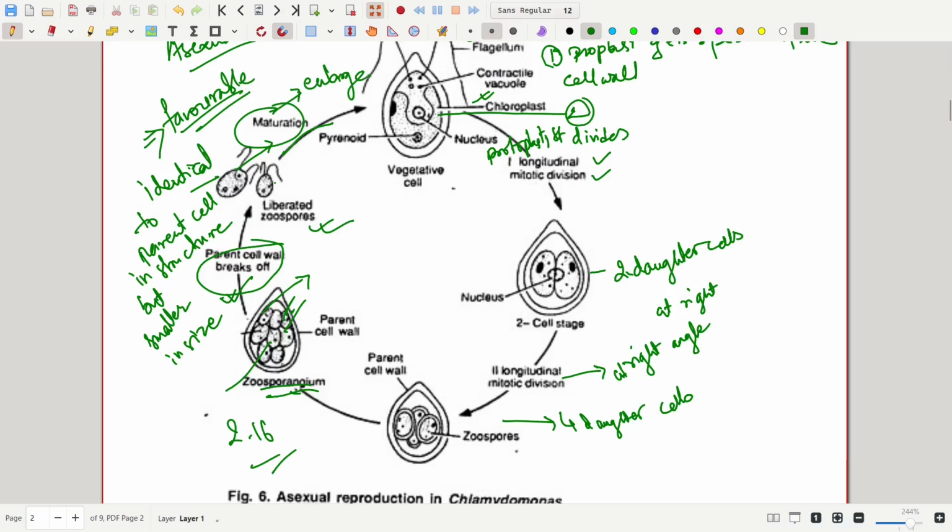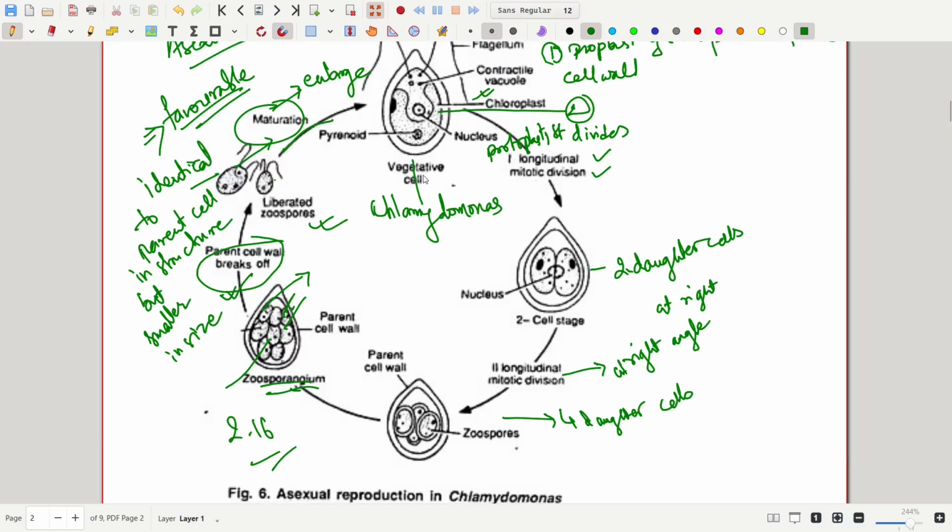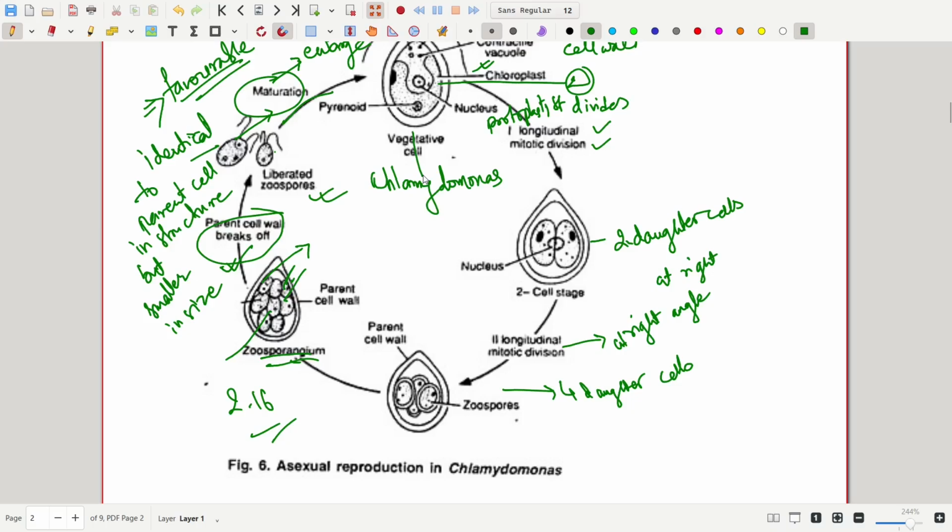Simply they enlarge, and then it forms the mature Chlamydomonas. So this is all about the asexual reproduction in Chlamydomonas through zoospore formation.